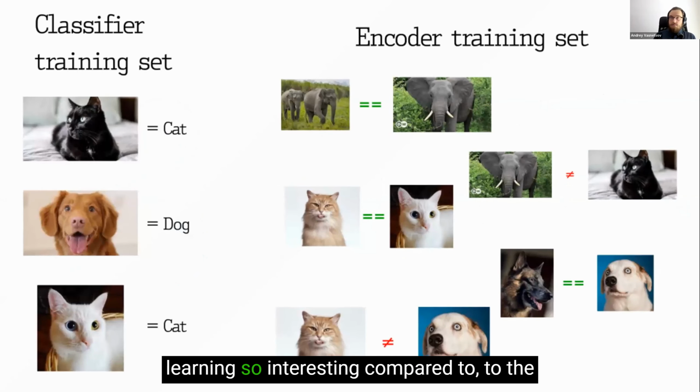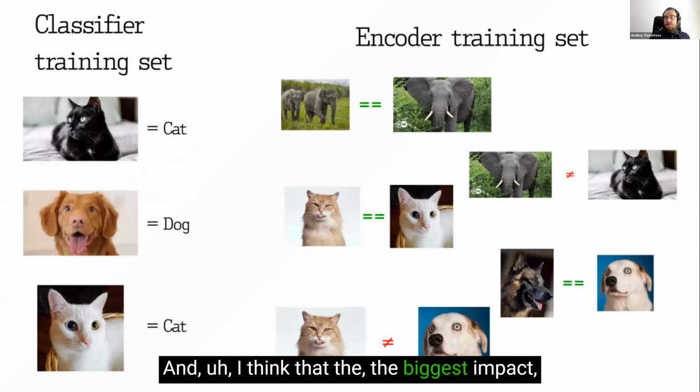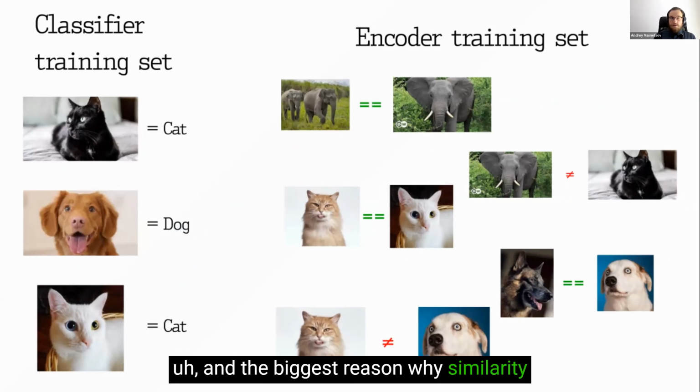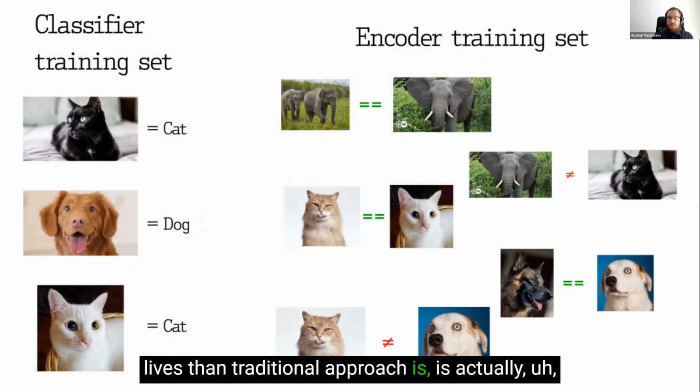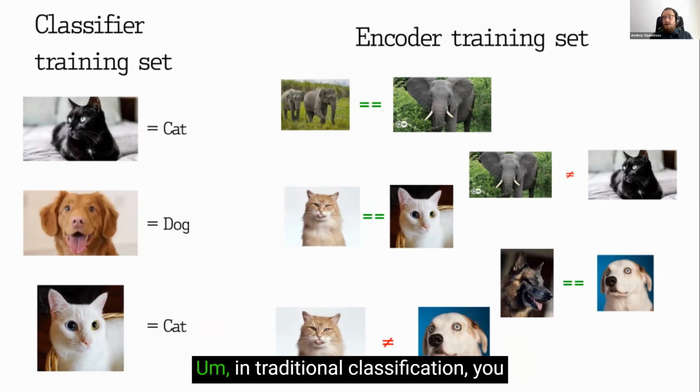What makes similarity learning so interesting compared to the traditional approach, like classification? I think the biggest reason why similarity learning is much more usable in real life than the traditional approach breaks down to how we label our data.